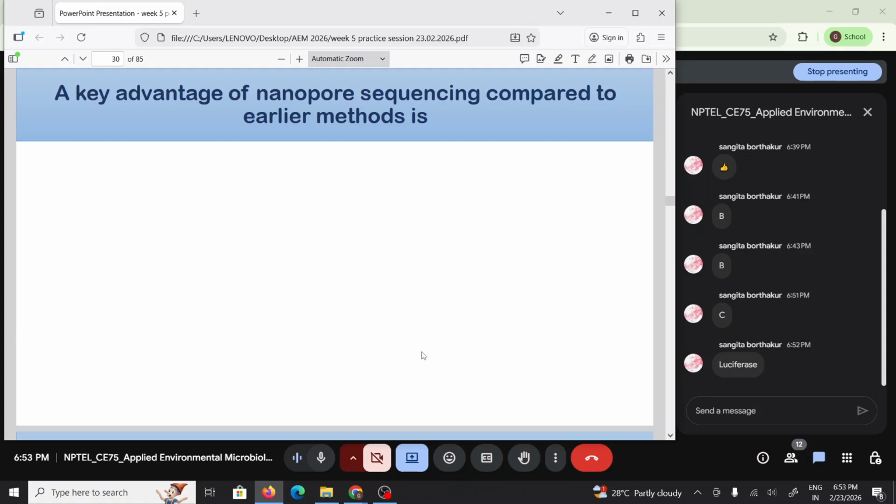where, from your perspective, what is the advantage of using nanopore sequencing out of others?